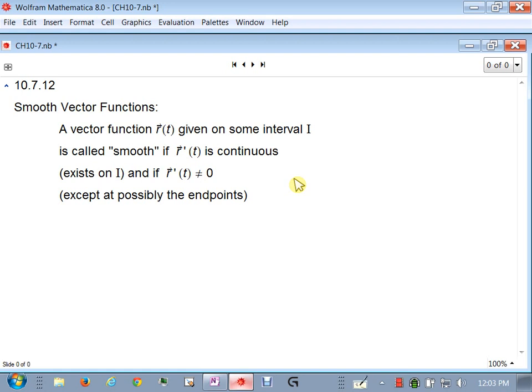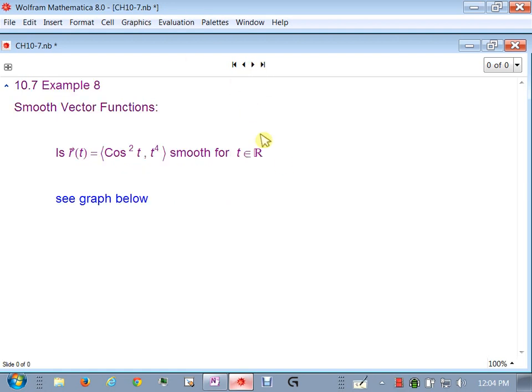A vector function r of t, given on some interval I, is called smooth if the derivative is continuous, which means the derivative exists, and if the derivative is not 0 on that interval, except possibly at the endpoints. So when your derivative is 0, your function is not smooth.